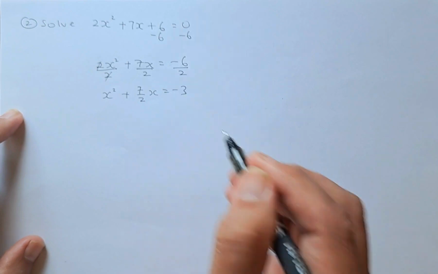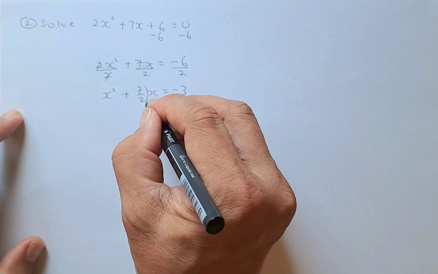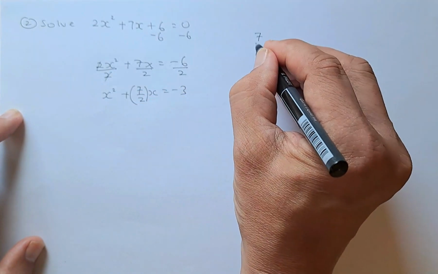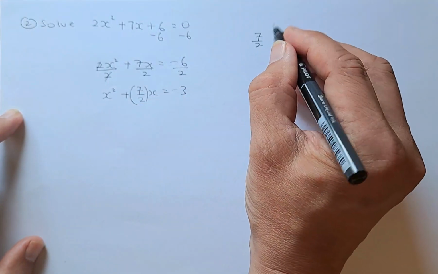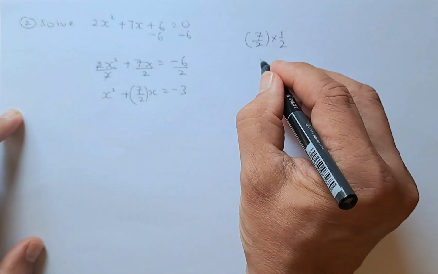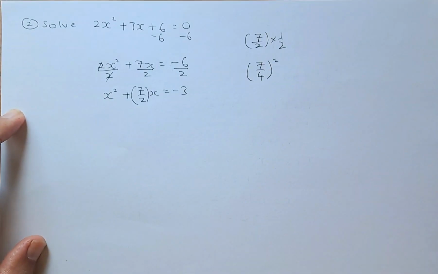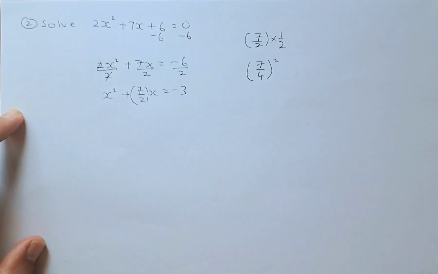equals minus 3. Now you want to make it a perfect square. You have to look at this number, 7 over 2. So you multiply 7 over 2 by half. It's going to be 7 over 4, and then you square that number and add it to both sides of the equation.